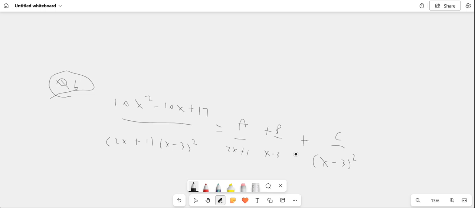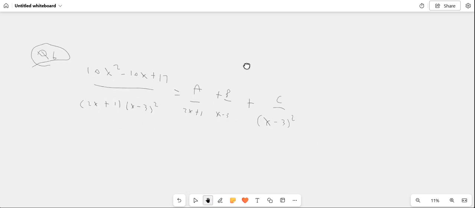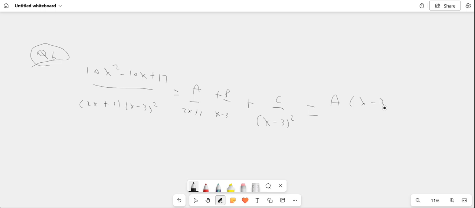Now combine everything, so multiply a by (x minus 3) squared, so that's a(x minus 3) squared. I'll write down here, left hand side, like how I was doing it before.